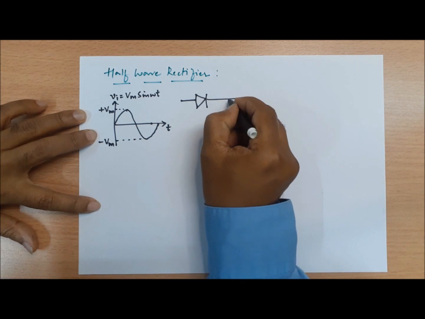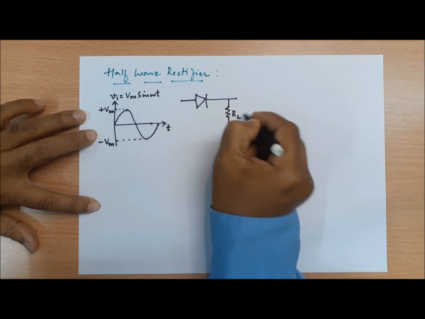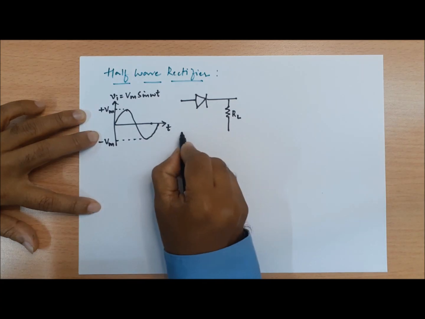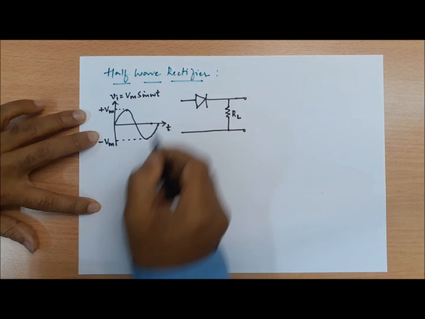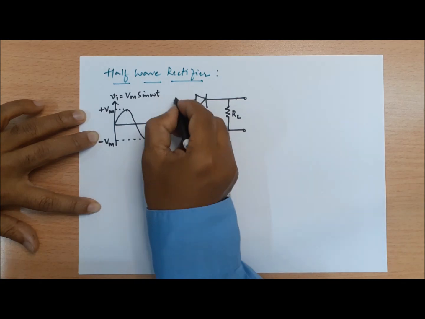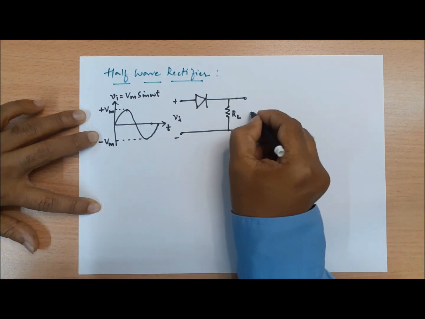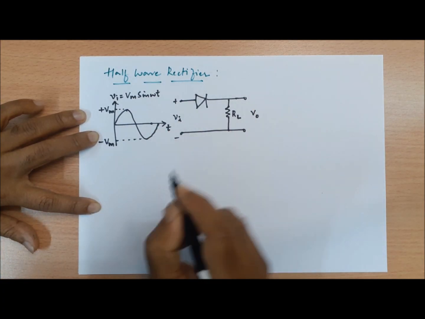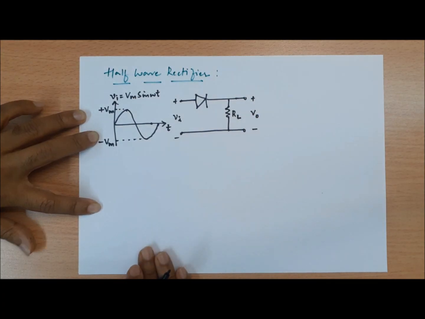Now the output is always across a load resistor. So let RL be the load resistor across which the output is to be seen. So during the positive half cycle, input Vi, what will be the output across the load resistor RL?